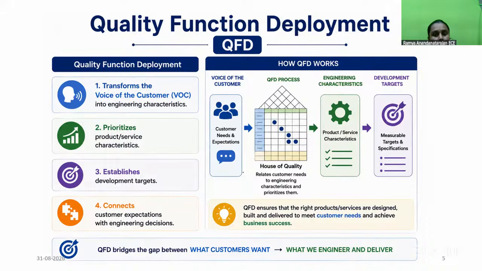We start with the voice of the customer, then we undergo the QFD process. We are going to discuss this using the HOQ matrix. Then we get the engineering characteristics and our development targets. So QFD bridges the gap between what the customer wants and what the engineer delivers.